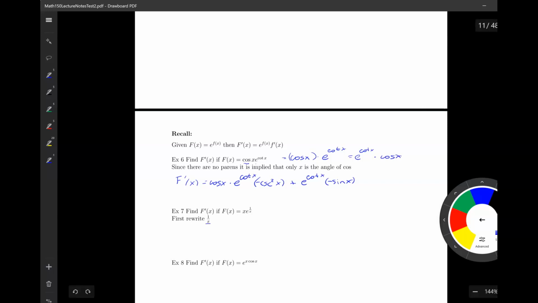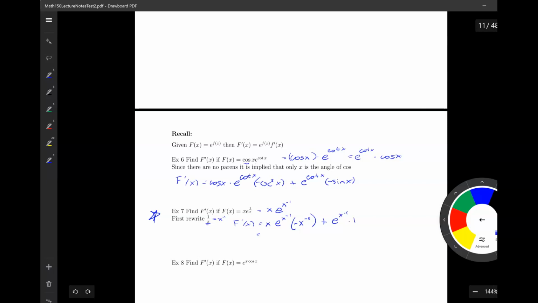All right, first, this is a crucial thing. Rewrite this as x to the negative 1. So this is the same thing as saying x e to the x to the negative 1. This one a lot of people make mistakes on, so let's be careful on this one. So first d second, the derivative of x to the negative 1 is negative x to the negative 2, plus second d first, which is just 1.